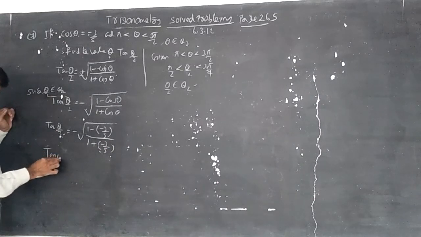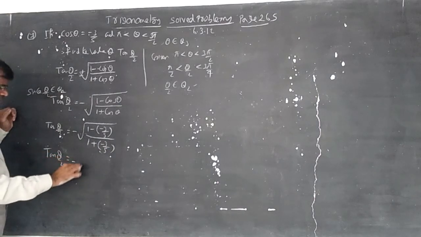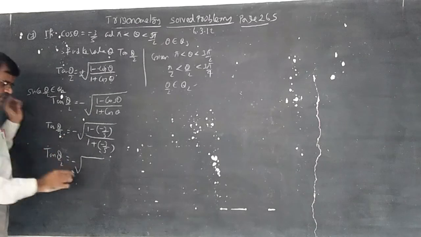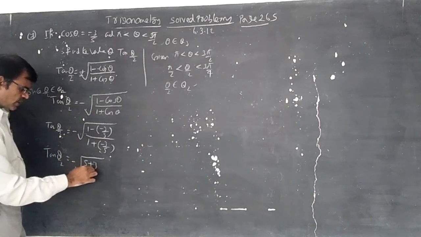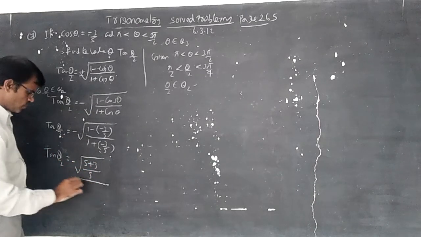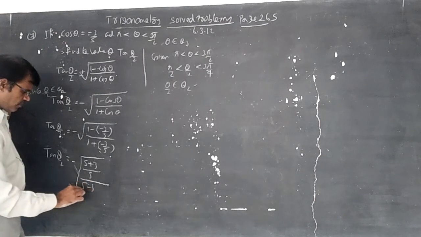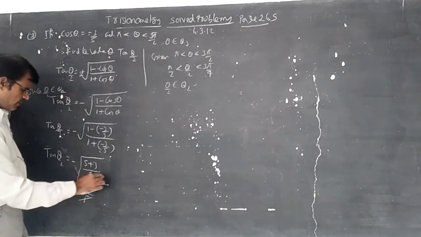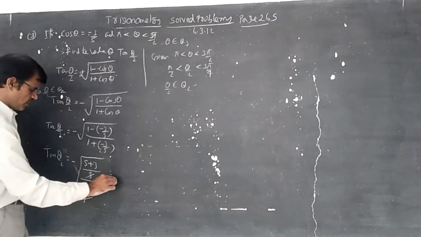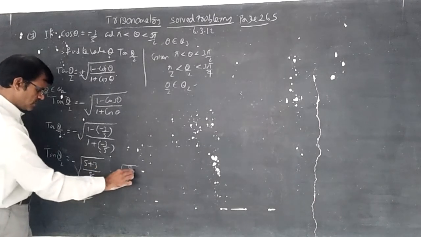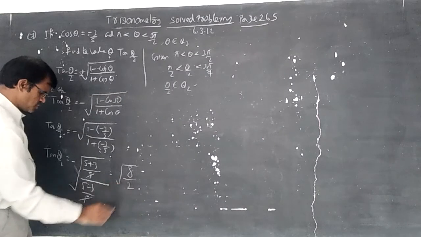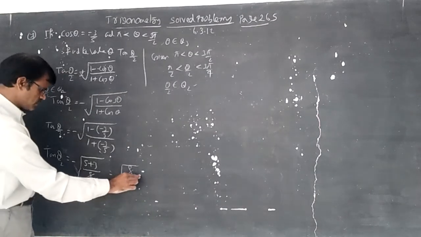Now tan theta by 2 is equal to minus root of, taking LCM here, 5 plus 3 by 5, whole by 5 minus 3 by 5. 5 and 5 will be getting cancelled. 5 plus 3 becomes 8, 8 by 2 becomes 4.